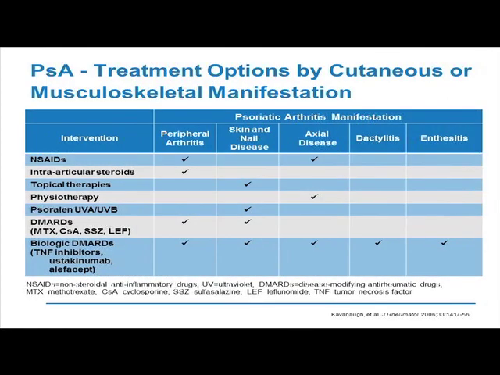So this is an overall chart of the treatment options for patients with psoriasis and psoriatic arthritis based upon the different distribution of disease. We can look at patients as having pure arthritis, pure skin disease, or other musculoskeletal inflammatory diseases such as enthesitis, dactylitis, and axial disease. And we have numerous modalities here that we can use.